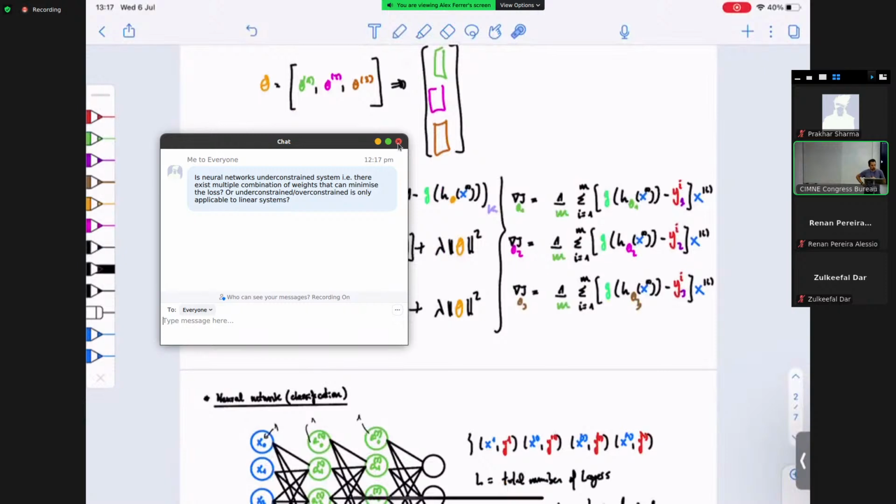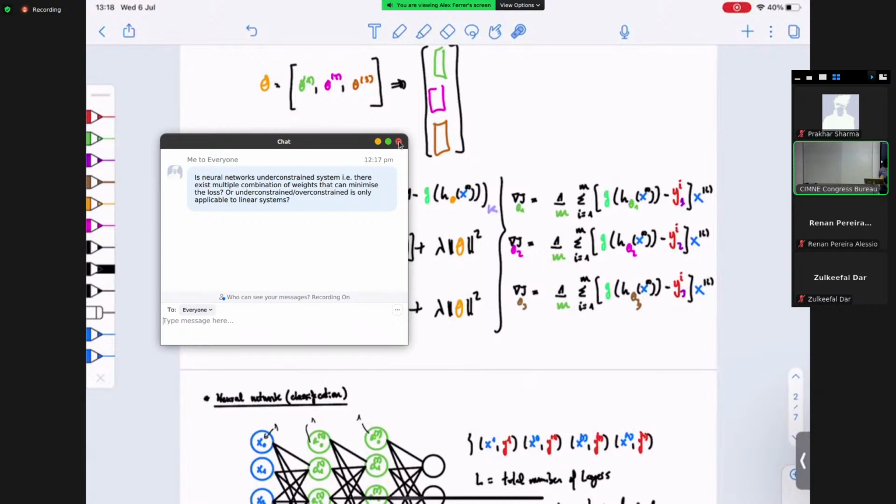Another question. Yes. In neural networks and constraint systems, there exist multiple combinations of weights that can minimize the loss. Yes, but under constraint or over constraint is applicable to the linear system.